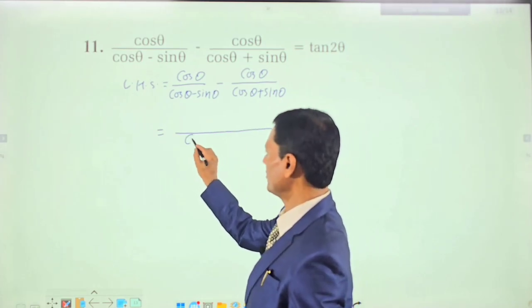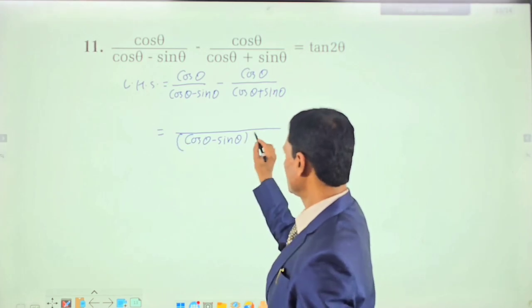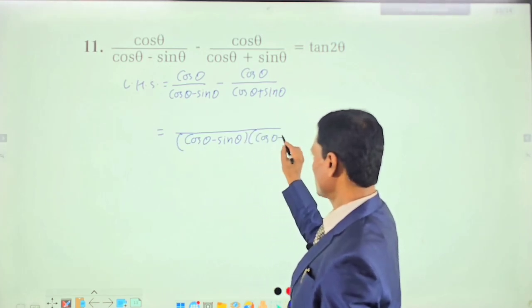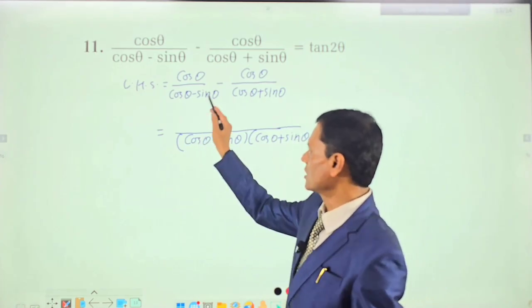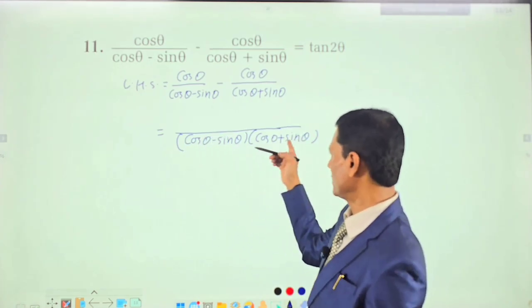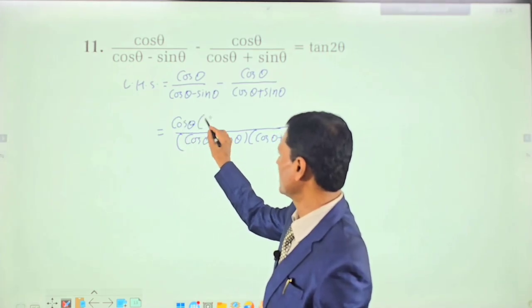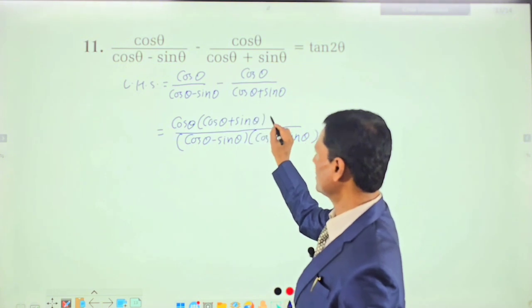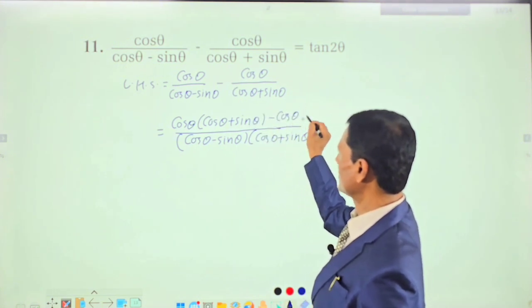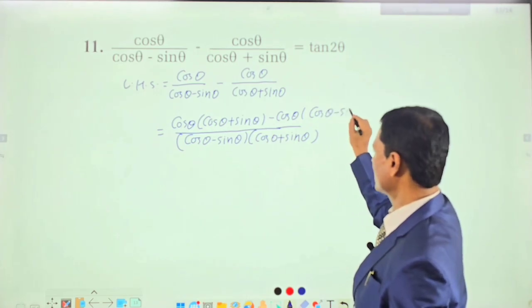So LCM we have here cos theta minus sin theta into cos theta plus sin theta, right? And we can write here cos theta times cos theta plus sin theta, and here minus cos theta into cos theta minus sin theta.